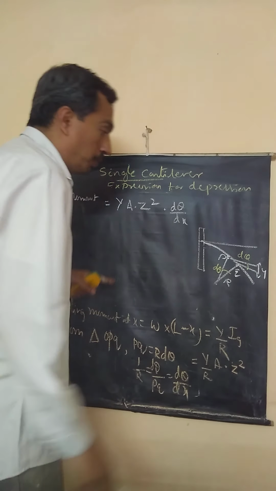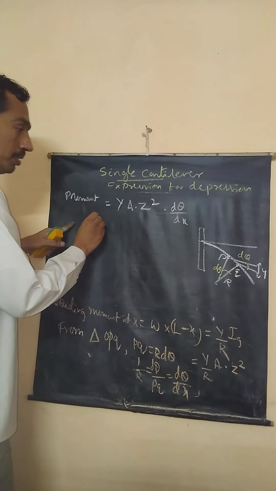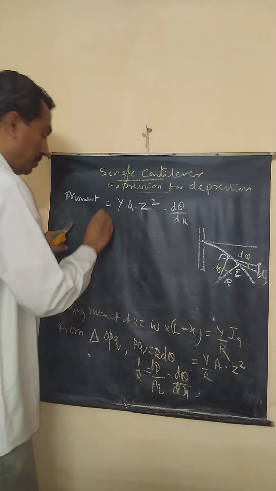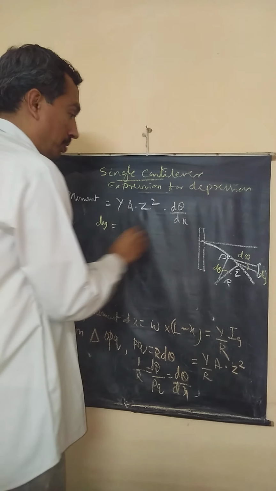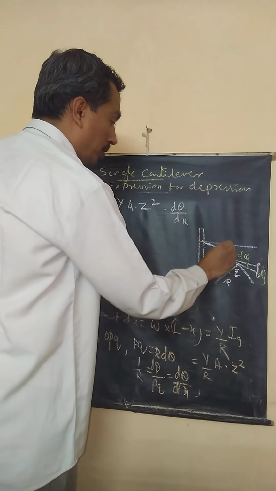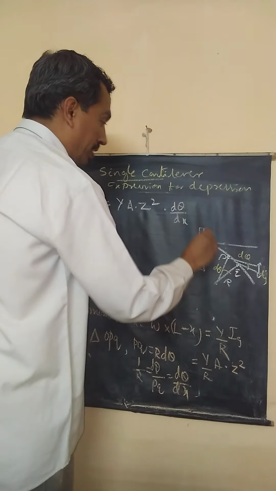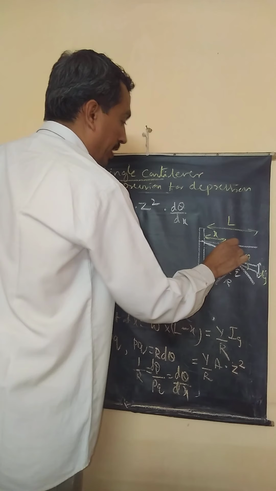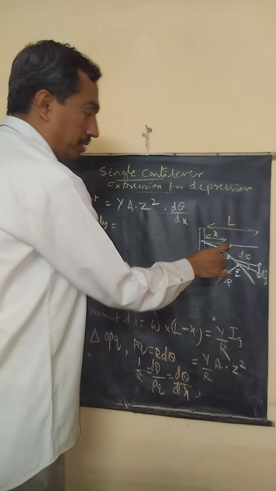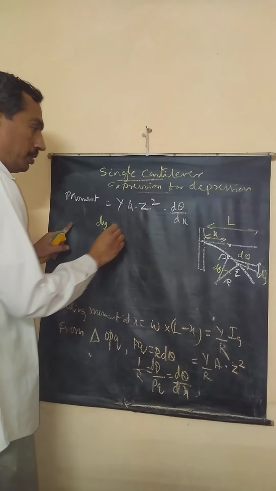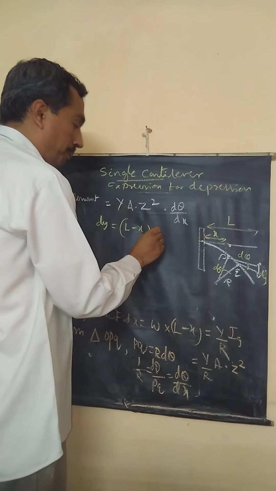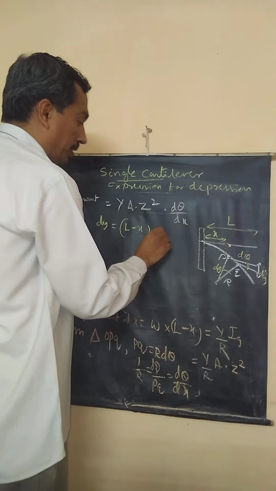Now from this diagram, let this be dy, equal to this distance. What is this distance? L minus x. This is L, this is x. Point P is at a distance x from the support. dy is equal to L minus x into d theta.